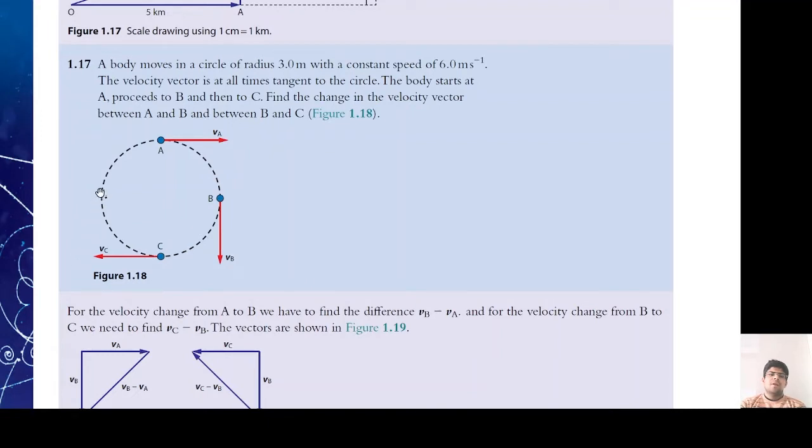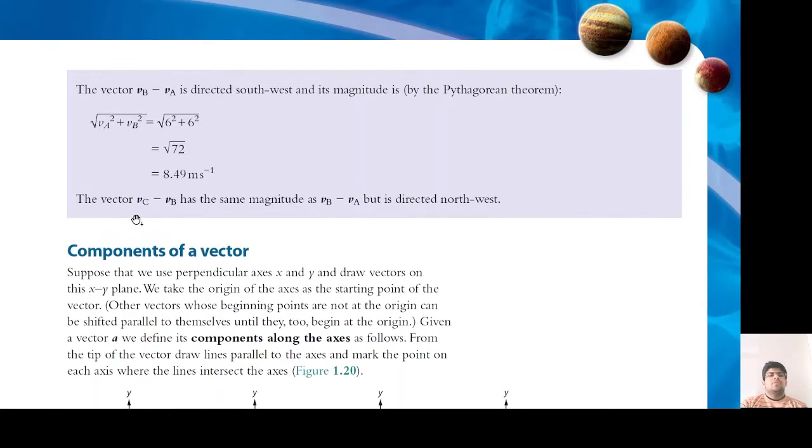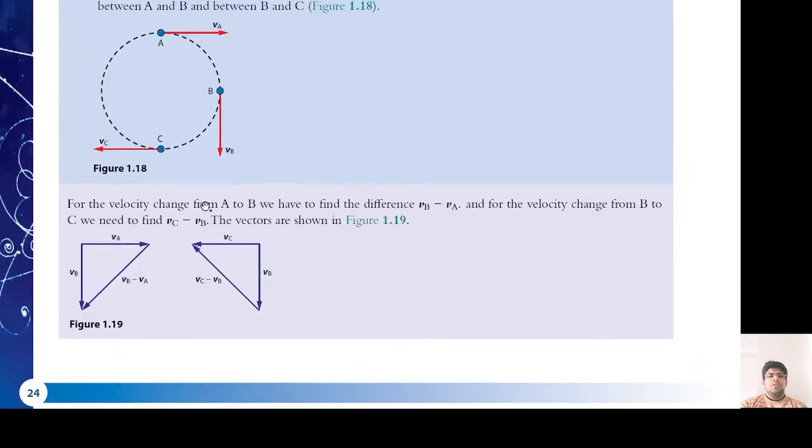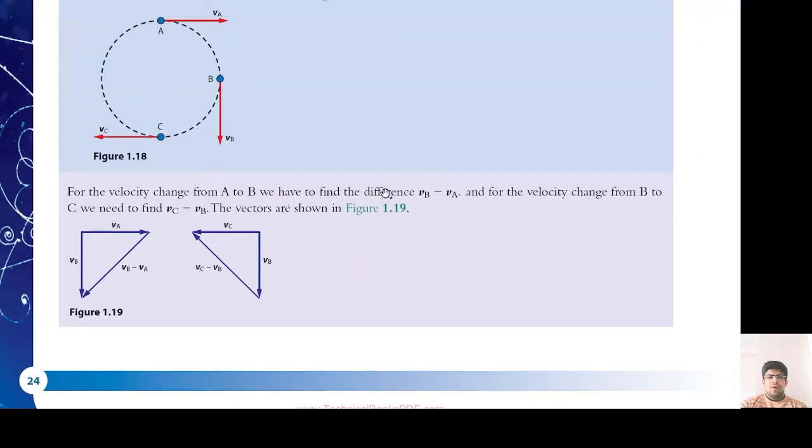If the point would be here, then the direction of force would be here. Okay, let's see the solution. For the velocity change from A to B, we have to find the difference VB minus VA.